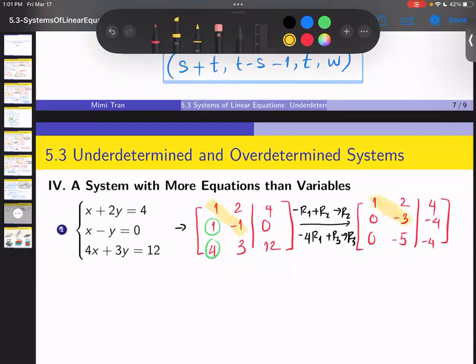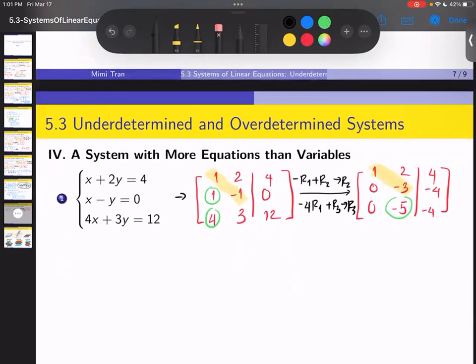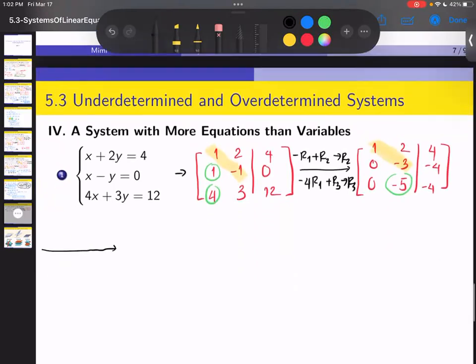That's my diagonal. I still have to eliminate negative 5. So what I'm going to do is multiply both rows, second row and third row, by something and add them together, because 3 and 5 are both odd.